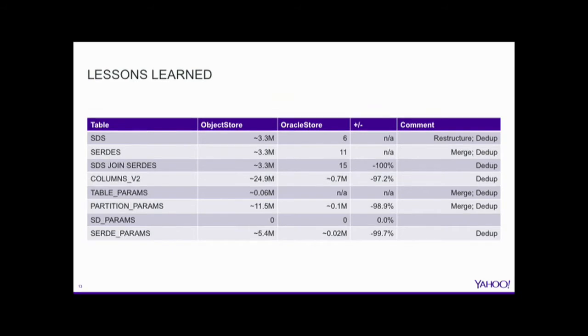So hopefully, looking at these numbers, you get an idea of the kind of waste that is being forced upon us by the underlying schema and the fact that we've agreed to buy into the DATANUCLEUS framework.